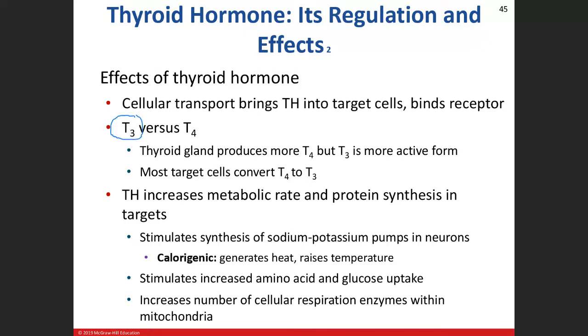Nothing else has to be done. But the T4 is not. So when that binds onto the receptor, the cell itself will then convert the T4 into T3. Which is ideal. Now we don't have to worry about having all this inactive thyroid hormone floating around.